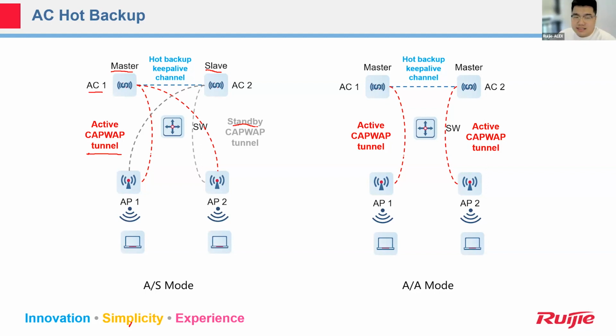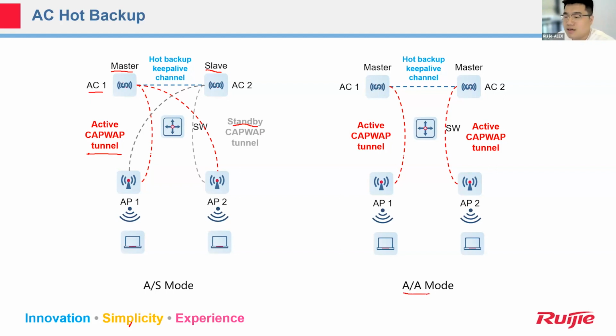So we think that the AS mode is not that good because the resources of AC2, the slave AC, have been wasted because it does not operate anything. So we can use the second mode, AA mode.